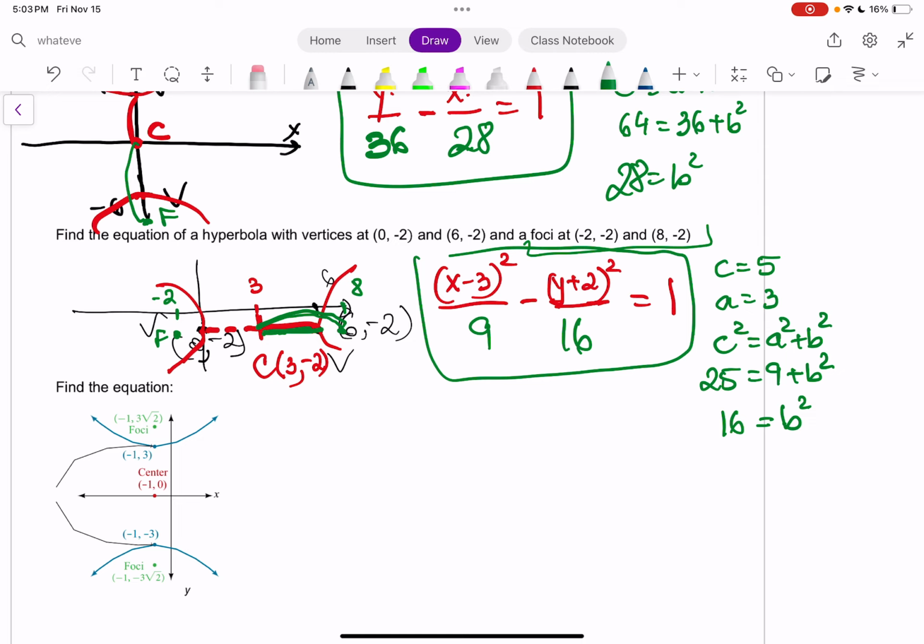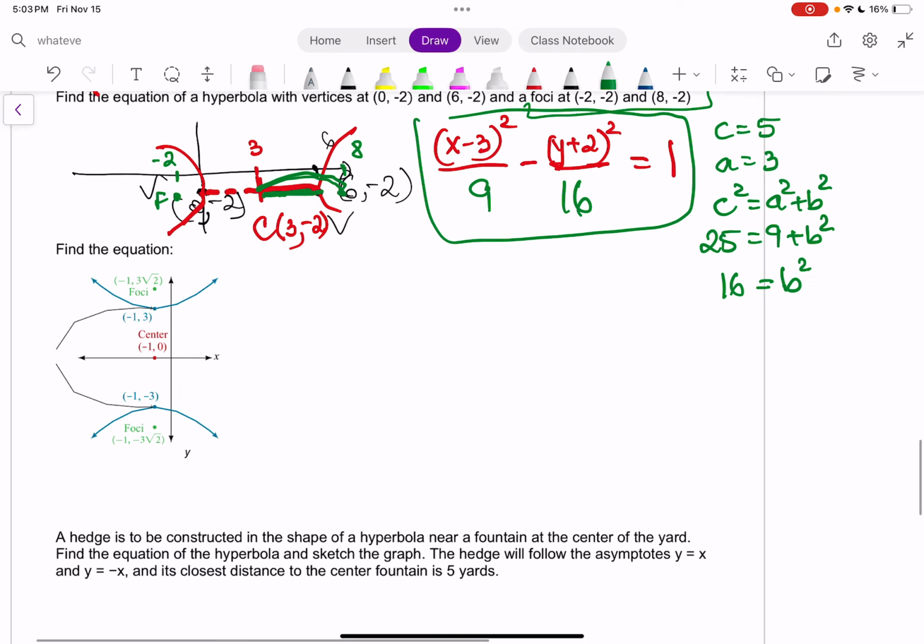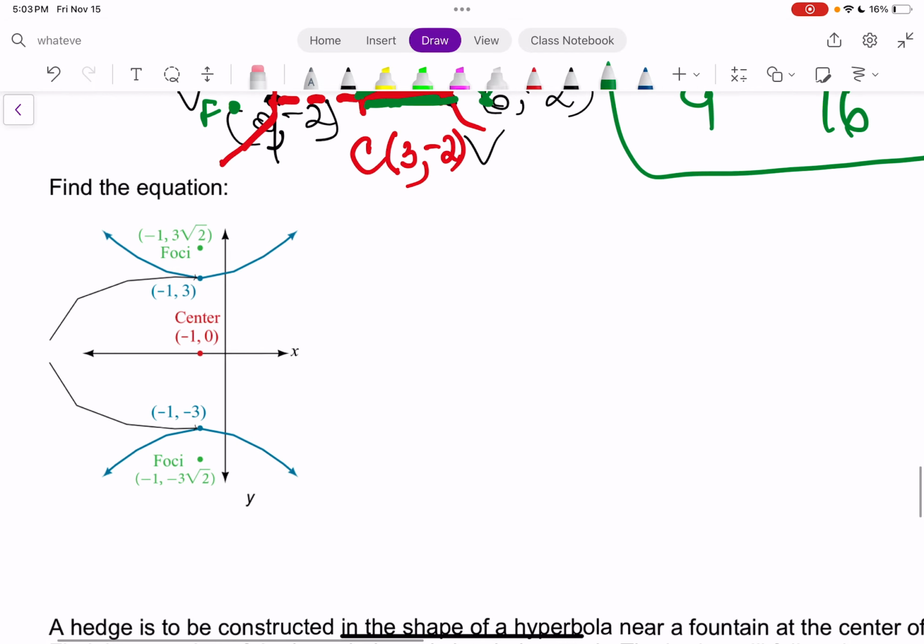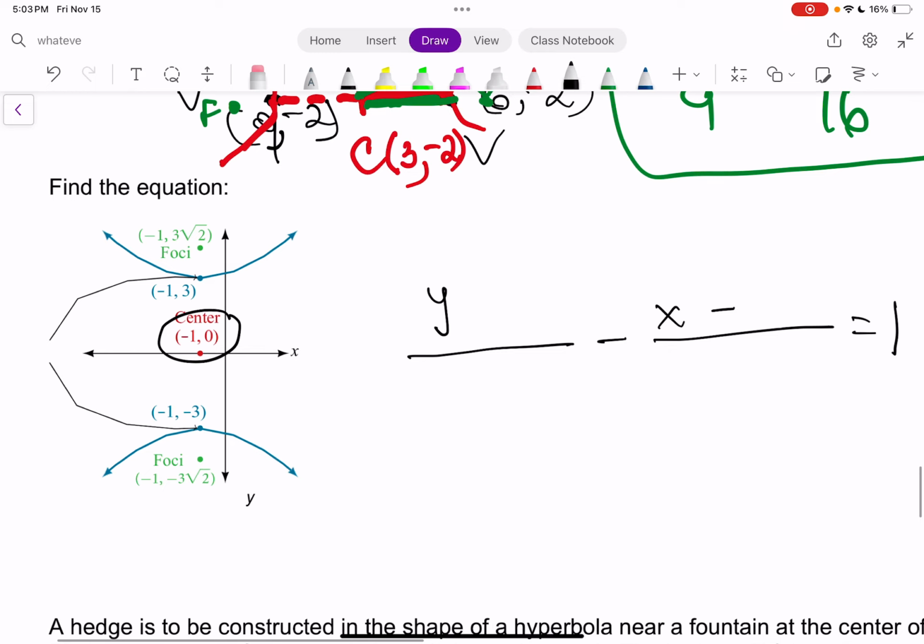Okay, so one more. This hyperbola, number 1, immediately I can tell you opens up and down. So first things first, y is positive, x is negative. The center is at -1, 0.